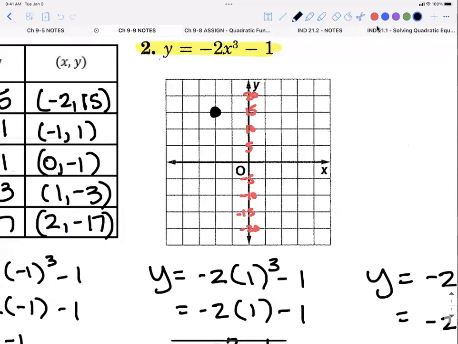I'm going to go backwards 1 and up 1, which is just barely above the 0 since my first big block is worth 5. 0, -1 is right here. Notice that's your middle point, and I'll show you what happens at that middle point. And then 1, -3. And then 2, -17, which is down here between 15 and 20.